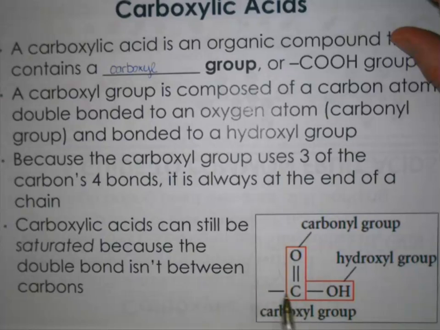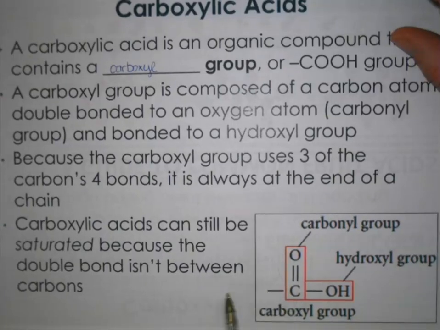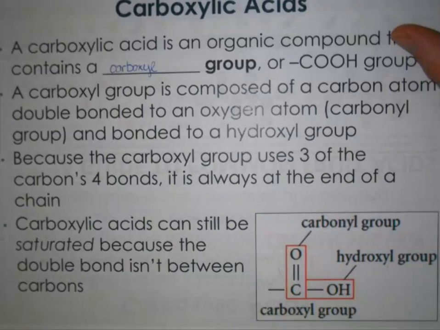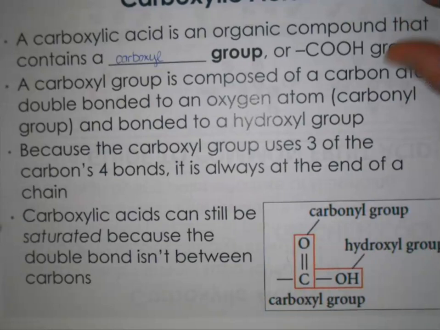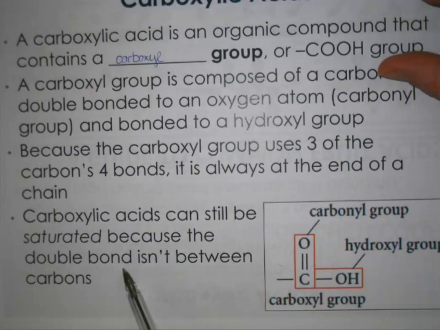But usually there's going to be a chain of other carbons going off in the other direction, because that's the only other available bond for the carbon. Just a quick note here: carboxylic acids can still be saturated, because the whole chain coming off of here still has the potential to be saturated. The double bond isn't between two carbons, it's just between this carbon and the oxygen.